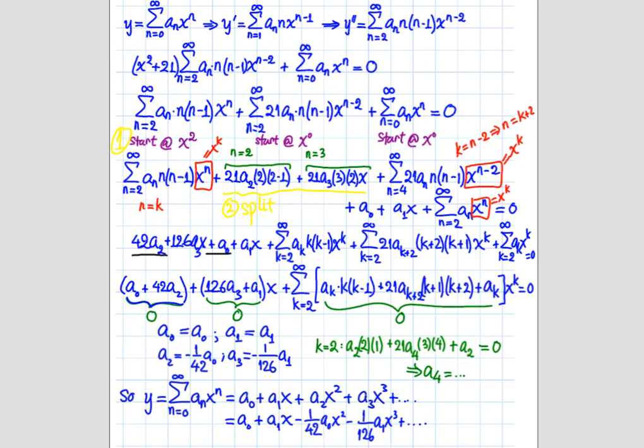After that, we do the transformation from n to k, because after that everything has to be in the same power of x to the k, and all of them start at the same k. Only then we can combine the series. And after that, undetermined coefficients, because the right hand side is 0, every coefficient on the left hand side has to be 0. And from there we can solve for the coefficients.